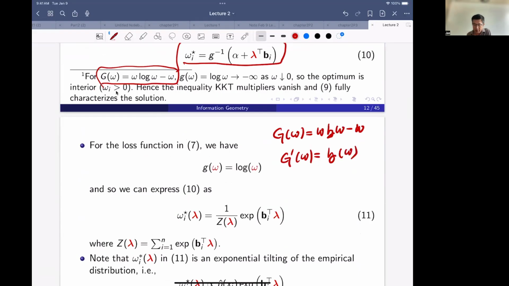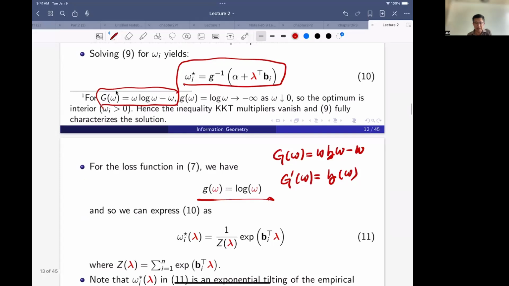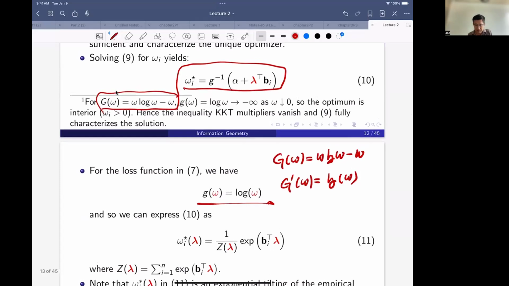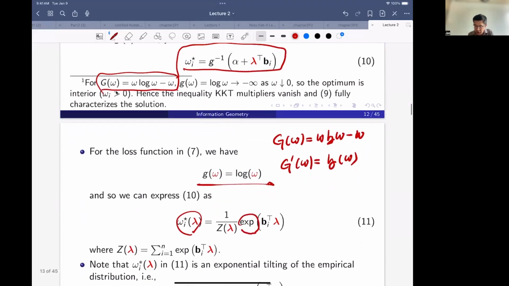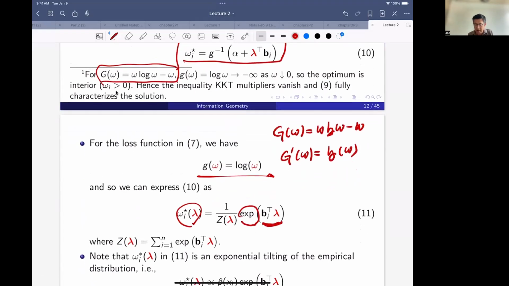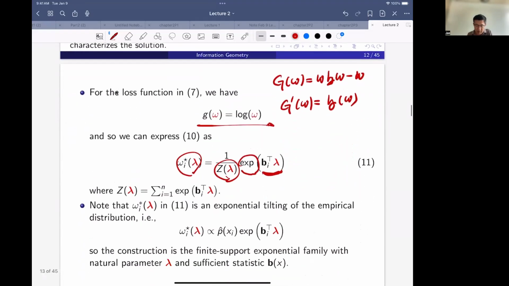And the inverse function is also easy, right? The inverse function of log is just the exponential function. So your weight is basically the exponential function of g(x_i) transpose lambda, divided by a normalizing factor, which we can call C of lambda.